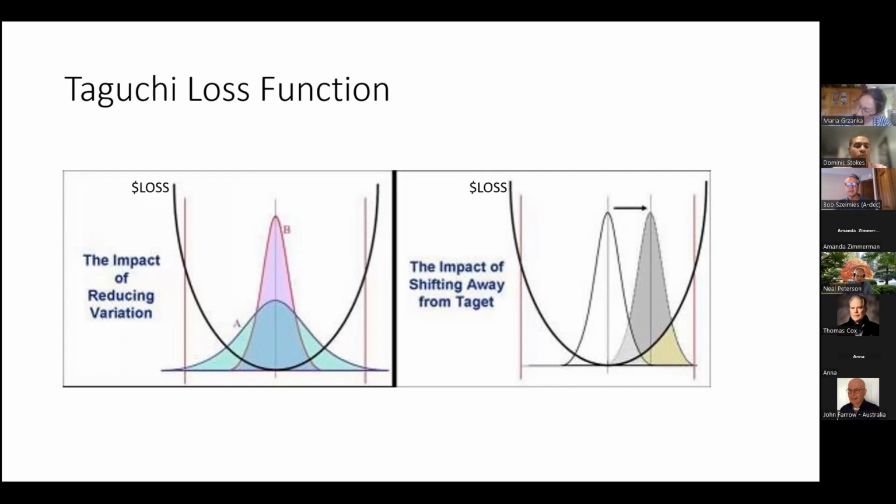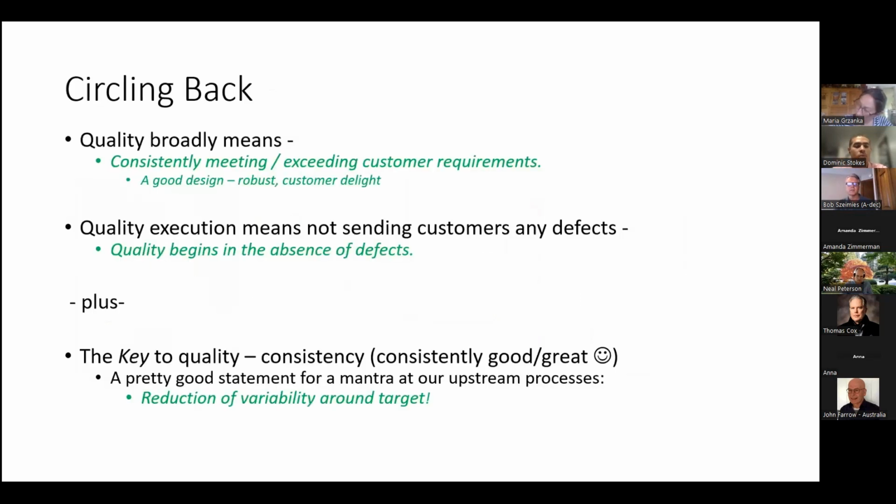Great question. So circling back, what we went through was quality broadly is consistently meeting and exceeding customer requirements. Good design. Agreed, we don't want to ship them clear defects. Quality begins in the absence of defects. And the key to quality is consistency. A pretty good statement, mantra, whatever you want to call it, to go after our processes is reduction of variability around target.